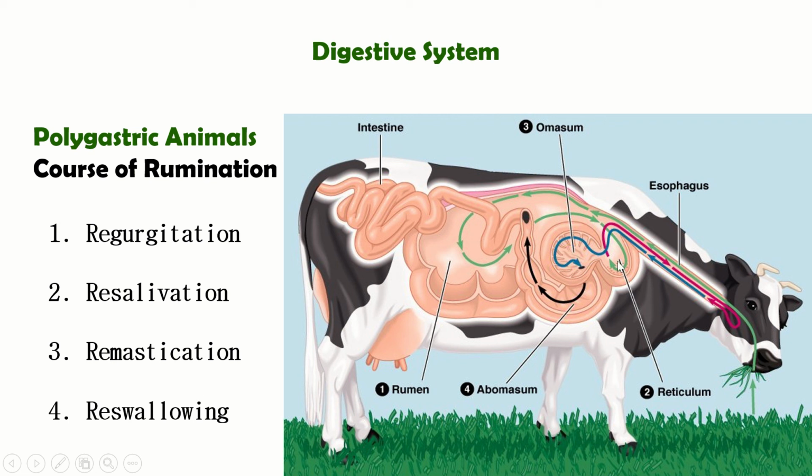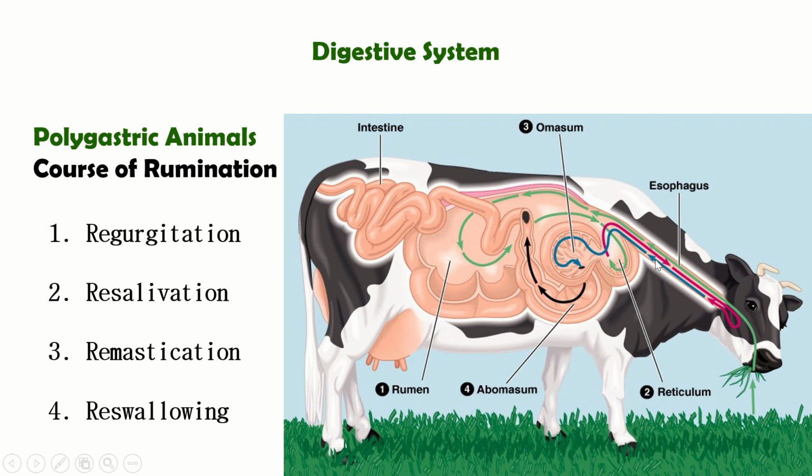Ang mangyayari pag yung cud or yung pre-chewed, yung mga na-chew na pagkain, napunta sa reticulum, babalik yan papunta dito sa mouth. Yun ang tinatawag na regurgitation. Mula reticulum, babalik siya sa mouth. So, then the resalivation, remastication, rechewing, and then lulunukin uli niya.